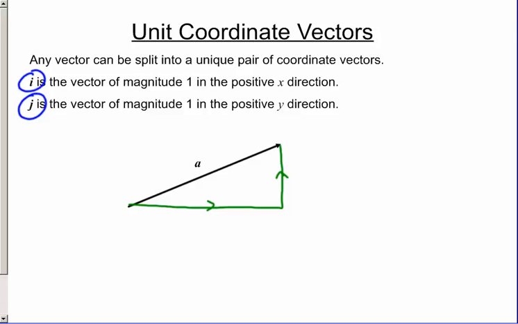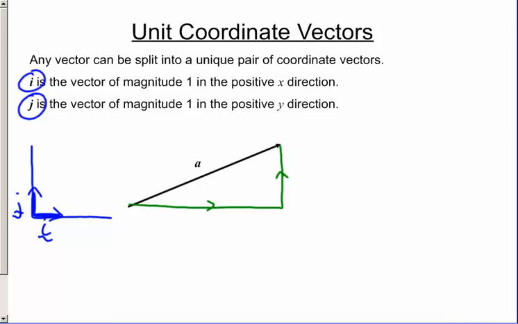So i is in the x direction. If we have the x direction, i is the unit vector, a vector of length 1 in the x direction. And j is the unit vector in the y direction.